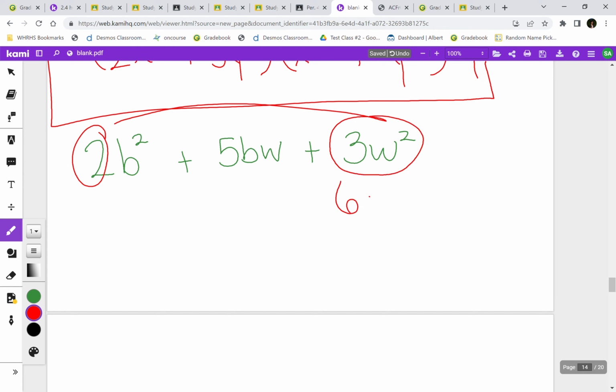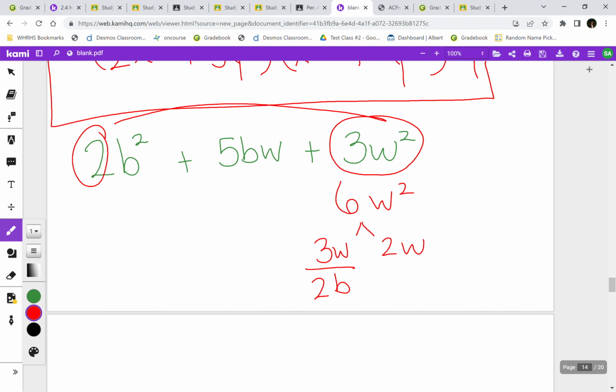We're going to get 6w squared. All right, so now we're looking to multiply to 6 but add to 5. We're at a positive 3w and a positive 2w.